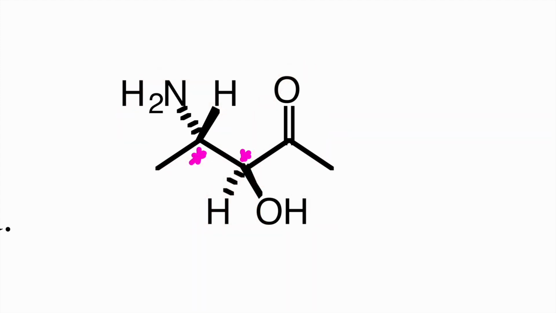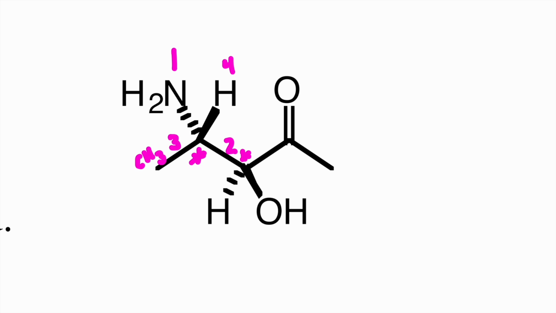So once again, we assign the H a 4, and then we start having to look. This carbon is directly bonded to an N, so this will get a 1. Then I'm going to go this way. This is a CH3. This is a CH with an O on it. So this will get a 2 because of the oxygen.